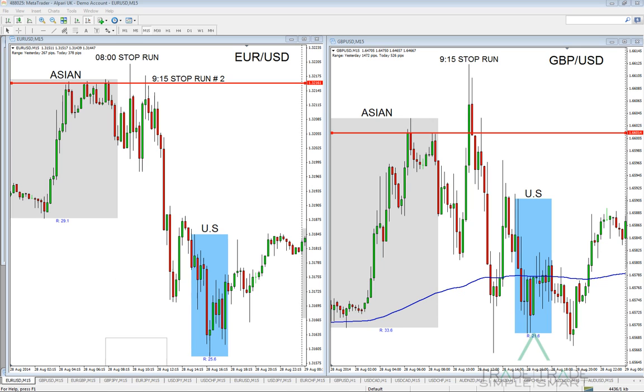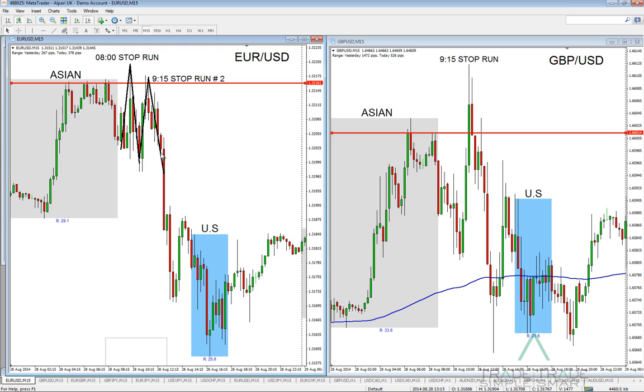We then get a bounce to the upside and a second test of the Asian highs, and we get another stop run candle, which is then confirmed down, and then we get the trend to the downside. Now, for those of you with a sharp eye, you will notice that we have our classic M formation take place, and we have the shorter second leg before the market begins the daily trend.